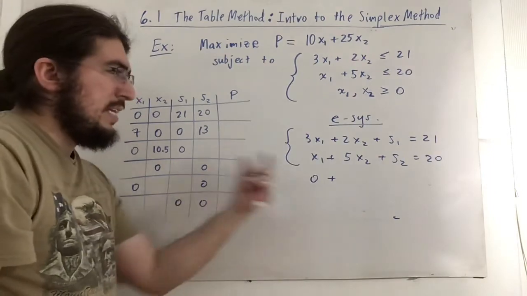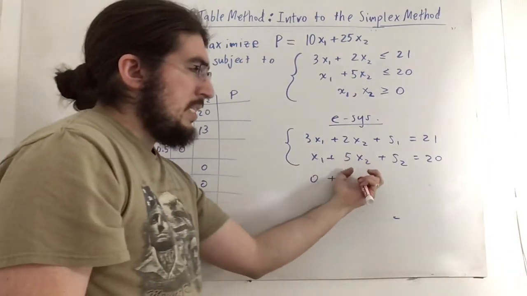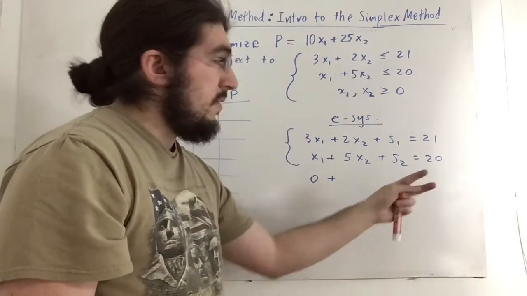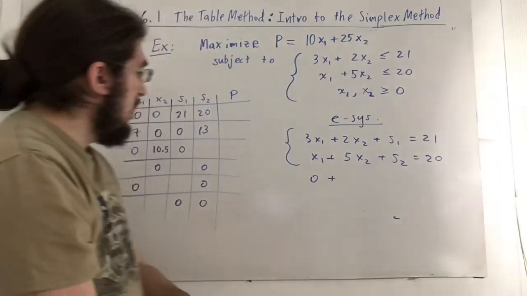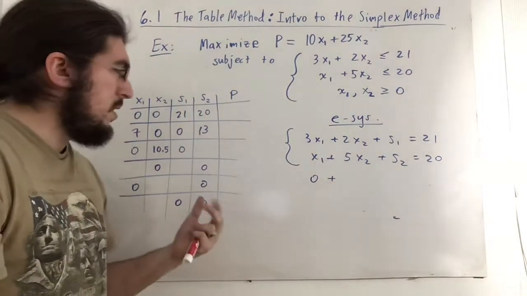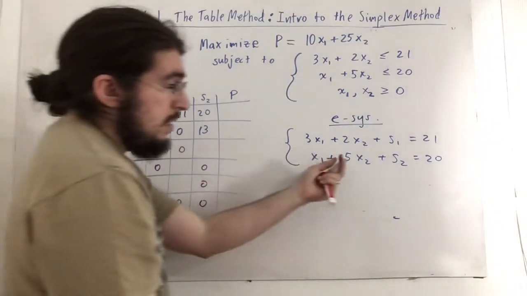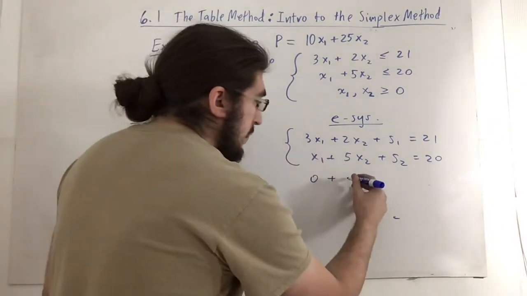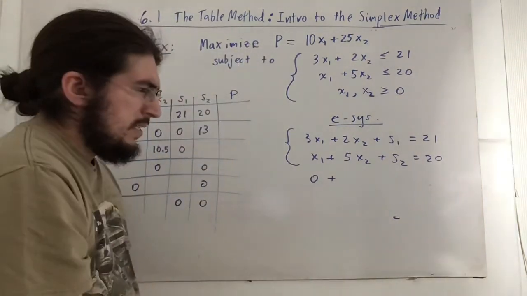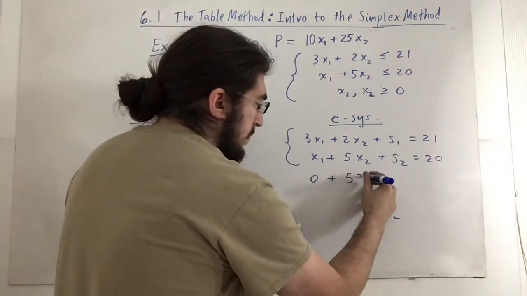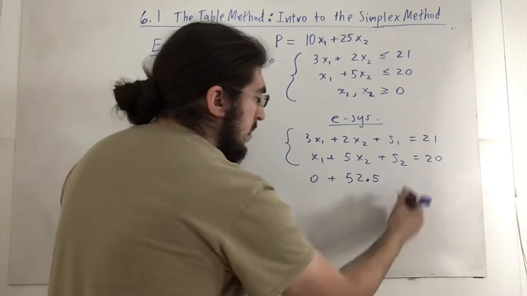Well, 5 times 10 is 50, so subtracting something a little bigger than 50 from the other side will give you a negative value for s2. So we don't really care what it is, but I'll do the calculation myself. 10.5 times 5 is going to be, I believe, 52.5.